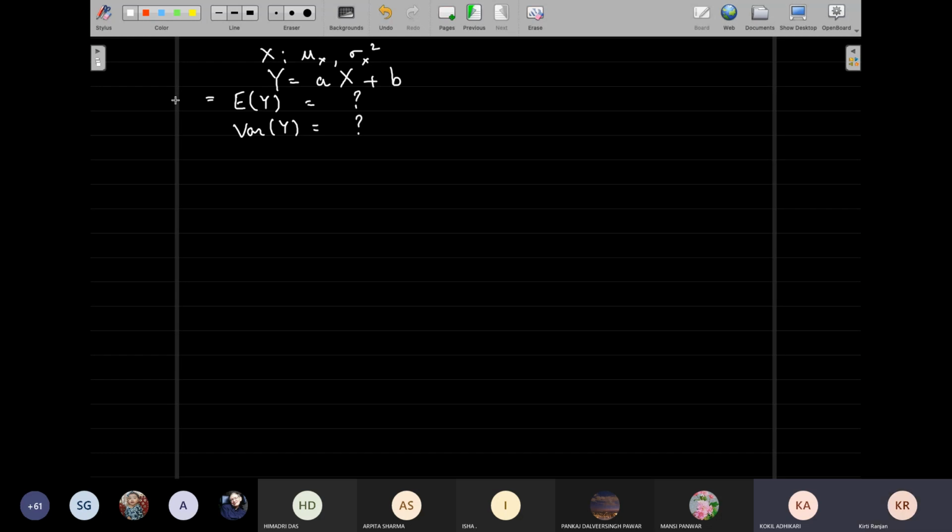E of y is nothing but mu of y, and variance of y is nothing but sigma square of y. So if one variable is associated with another, with a and b being constants, what will be the expectation value of y? It is a mu x plus b, right? This was simple. What about the variance of y in relation with the variance of x?